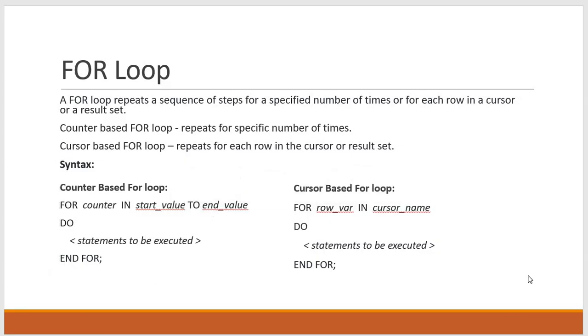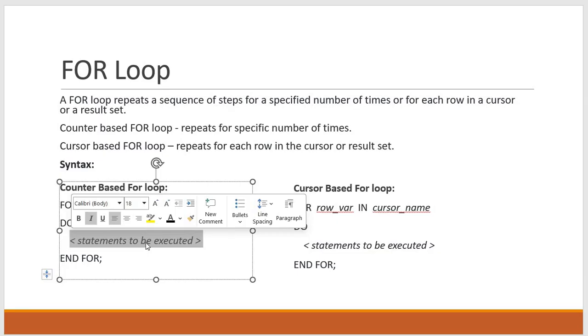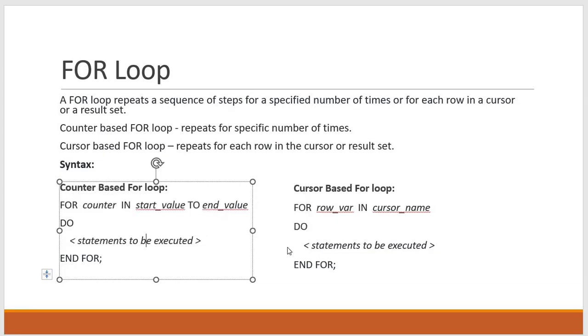If I want to repeat 10 times, I say for I in 1 to 10, do, then the list of statements to be executed, and you always close with end for. So this is the syntax: for I in 1 to 10, for I in 1 to 5. If you want to repeat any block of statements a specified number of times, we go for this counter based for loop.